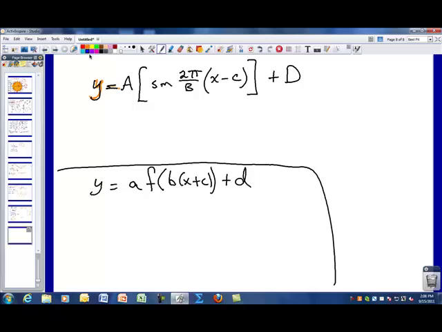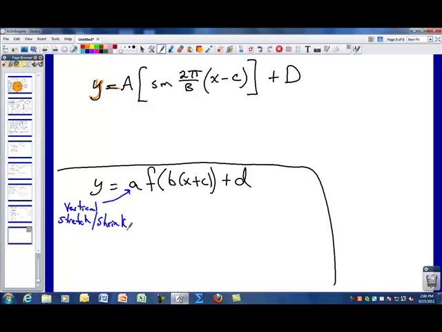The A, this right here, is the vertical stretch or shrink. We think of that word as amplitude when we do sine and cosine, but right now it's like pulling it up or down.